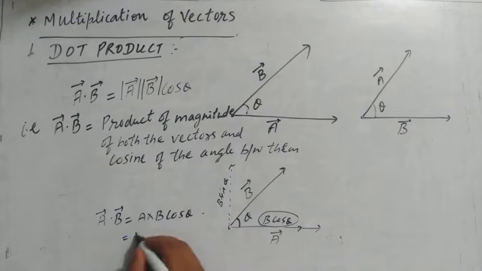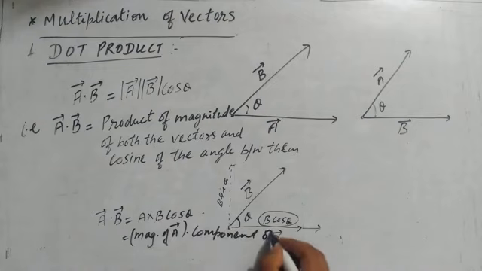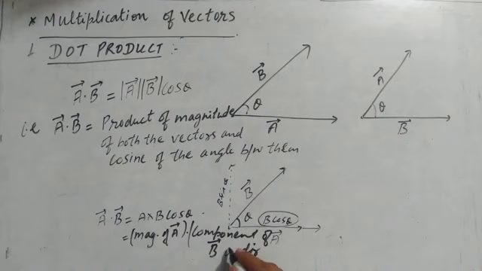That is equivalent to magnitude of A vector into component of B vector in direction of A vector.